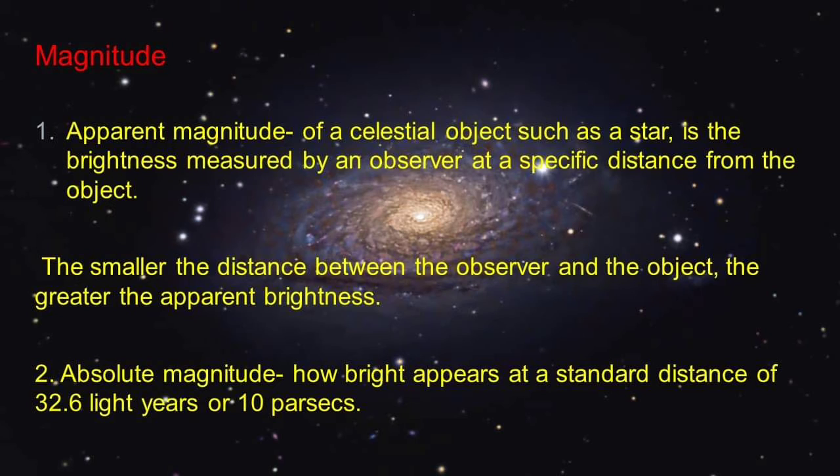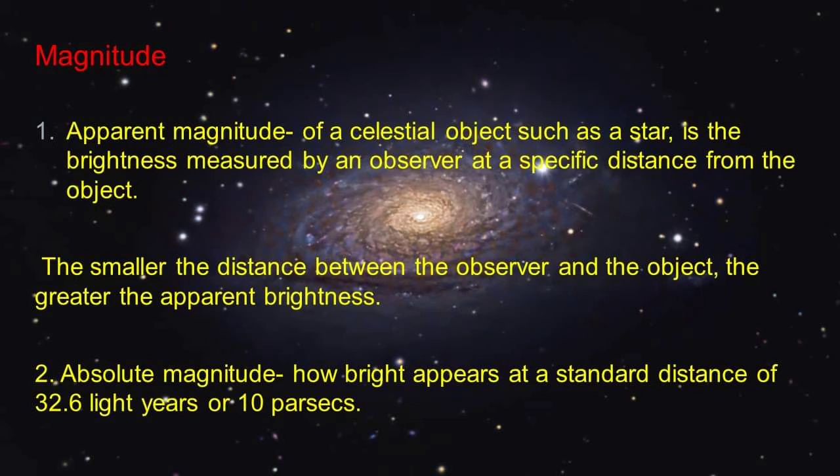That specific distance can be from the Earth, from Mars, or the distance between a specific star and Earth. That's apparent magnitude. And the smaller the distance between the observer and the object, the greater the apparent brightness is.